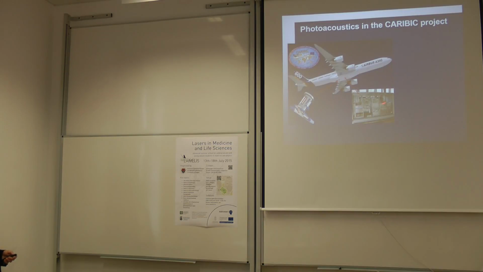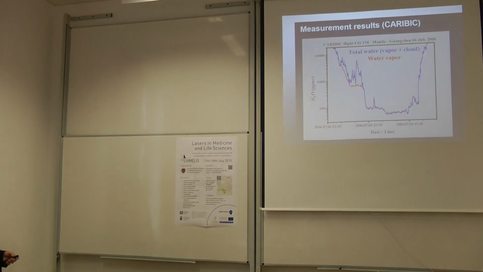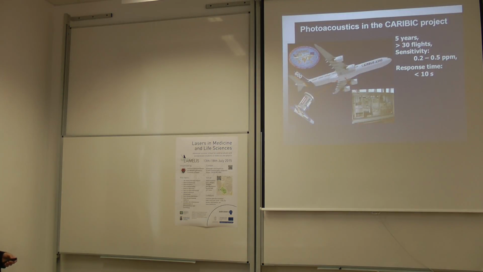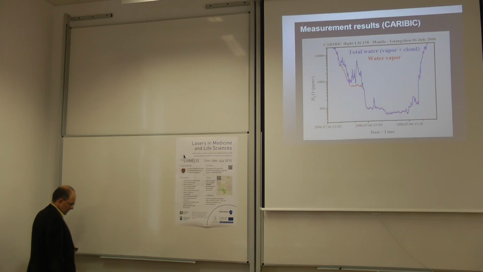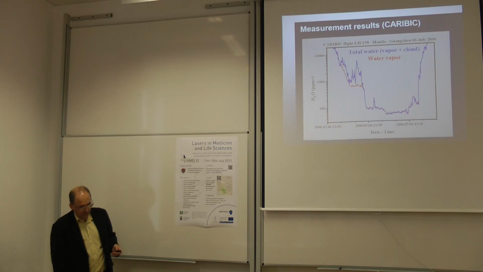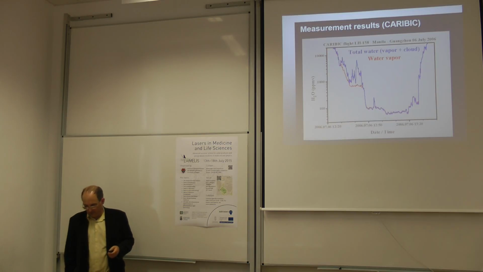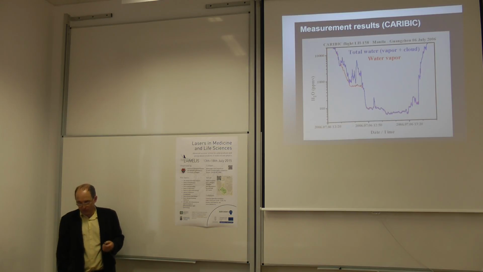Our photoacoustic system is there for measuring water vapor and total water in the atmosphere. It's been operating for almost 10 years without problems, continuously measuring the water vapor and the total water of the atmosphere, which is a very important parameter for climate research and modeling.